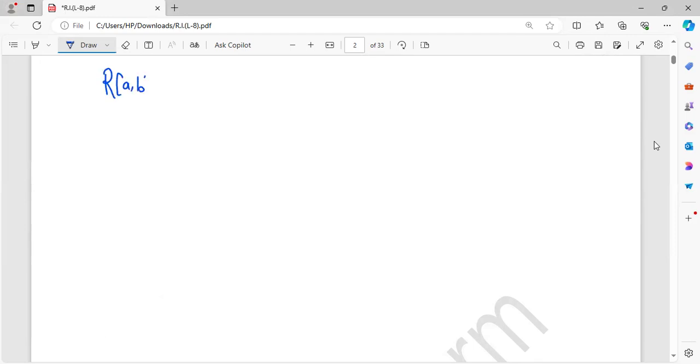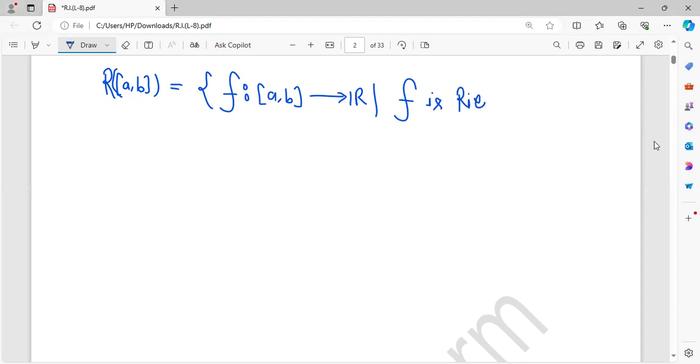We are denoting R[a,b], meaning the collection of all the Riemann integrable functions over [a,b], that is, f from the closed interval [a,b] to R such that f is Riemann integrable.